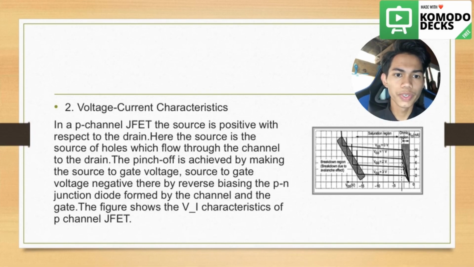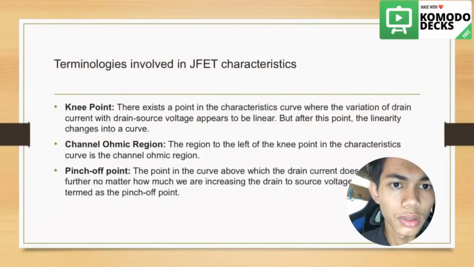The pinch off is achieved by making the source to gate voltage negative, thereby reverse biasing the PN junction diode formed by the channel and the gate. The figure shows the VI characteristic of the P-channel JFET.